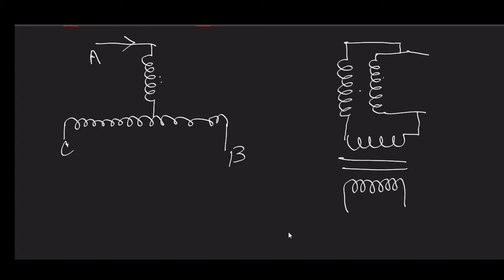Here this is point N, this is a large inductor L, and here you have another auxiliary transformer.